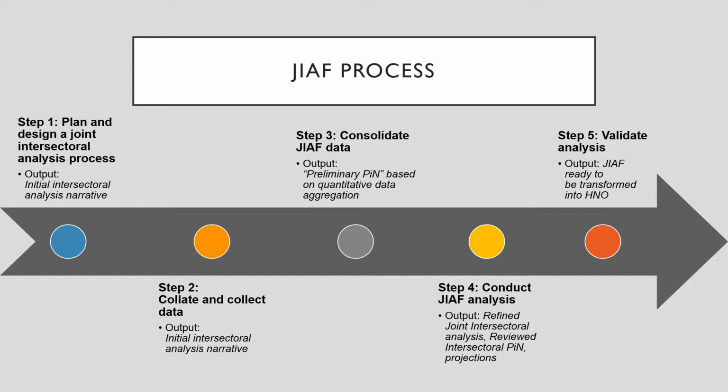These 5 steps should, when possible, align with the HPC global timeline. That is, if the analysis of the JIAF is meant to inform an HNO, which is usually the case. In fact, in many cases, the JIAF process is the same as the process to develop an HNO.